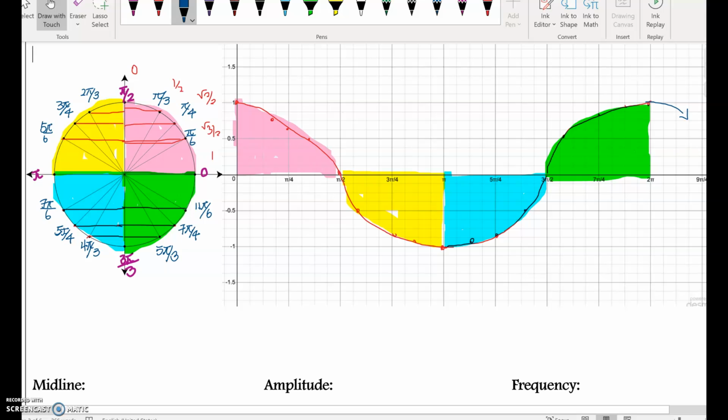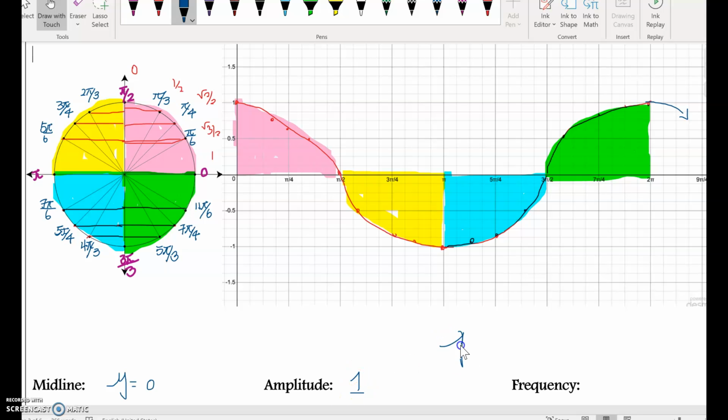Now let's think about the midline again. This is the parent function of the cosine function, so the midline is going to be y is equal to 0, which goes through the x-axis. The amplitude is the distance from the midline to the max or midline to the minimum, so here it will be 1.